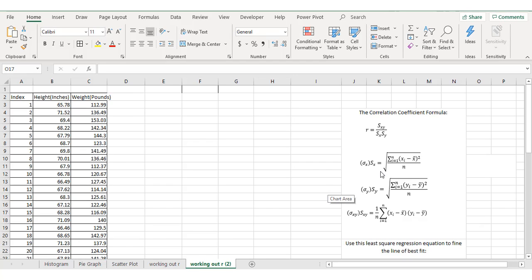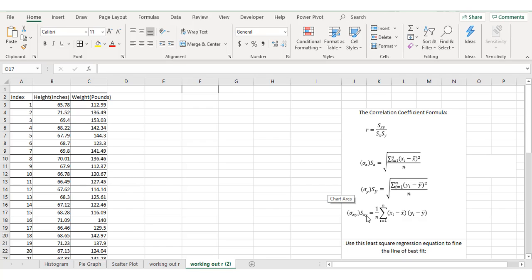When you want to figure out the population standard deviation for height, you will use height minus the average height, then square, then do the sum. Same thing for the standard deviation for weight.